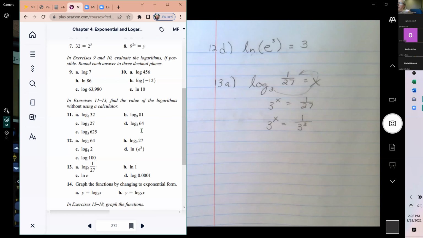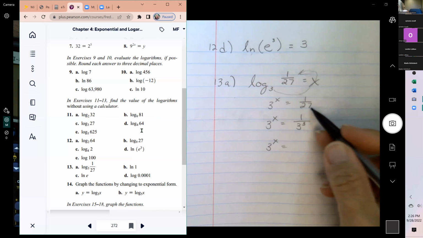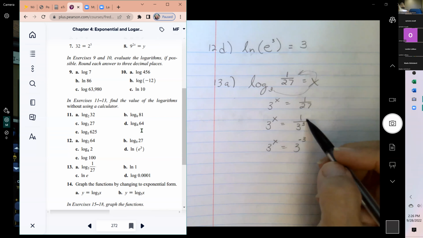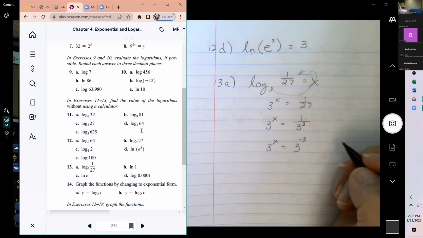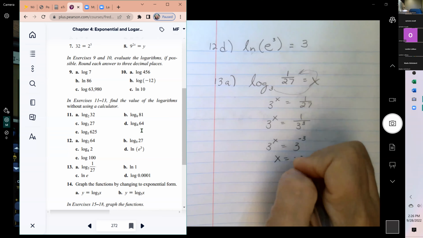Yes, make the exponent negative. So here we have 3 to the x. When we move this up, it becomes 3 to the negative 3. It changes the sign on the exponent. And that means x equals -3.